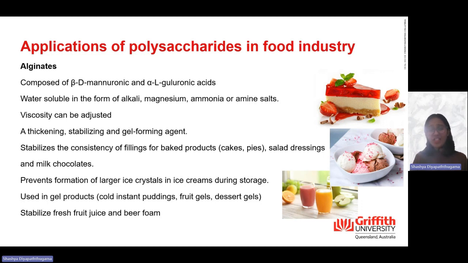So what's the disadvantage of these large ice crystals? Ice creams need to have smaller ice crystals, and if they are large, that doesn't give a smooth texture to the ice cream. And these large crystals give a grainy, coarse, crunchy texture, which is not preferable. These alginates are also used in other applications like forming gel products, pudding, fruit gels, dessert gels, and to stabilize fruit juices and beer foam.